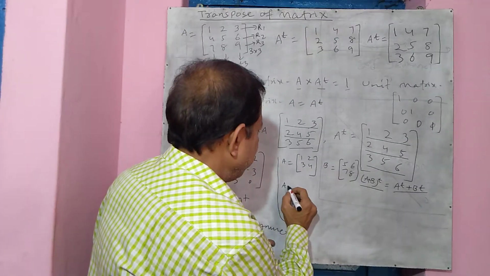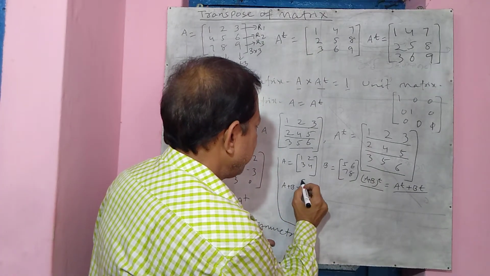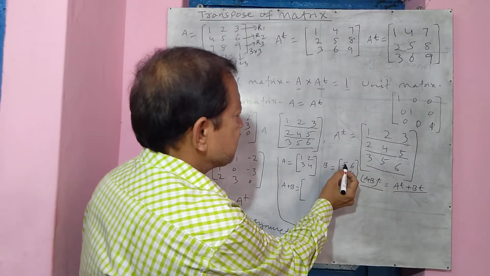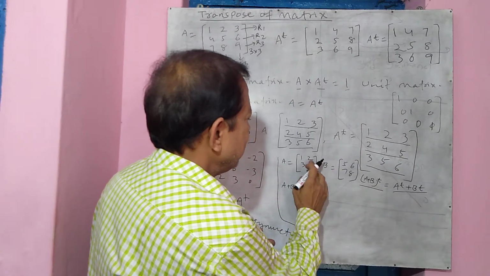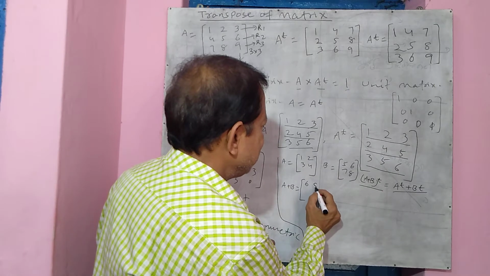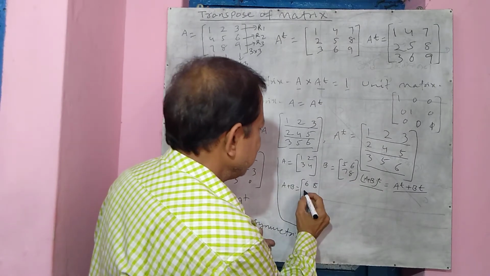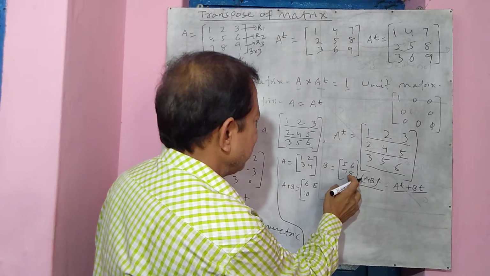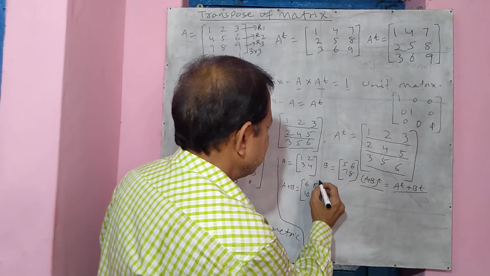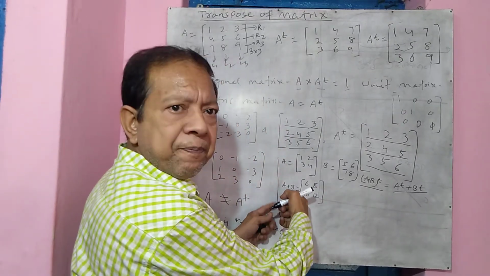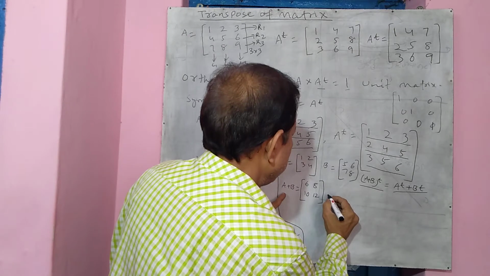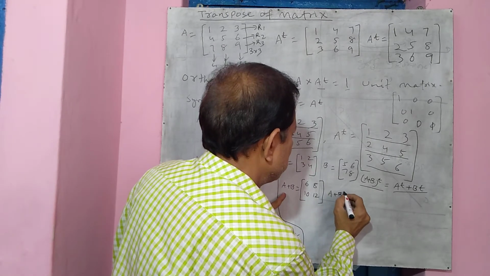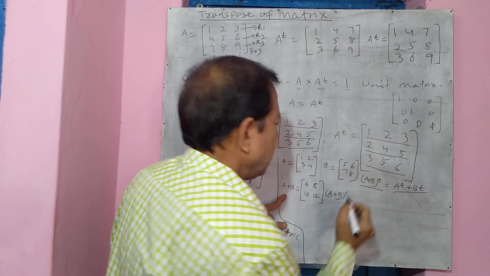So A plus B we can find out directly. 1 plus 5 is 6, 2 plus 6 is 8, 3 plus 7 is 10, 4 plus 8 is 12. Now this is A plus B. Now if I find out A plus B transpose, how much will it be?